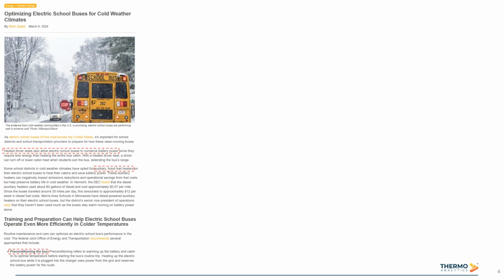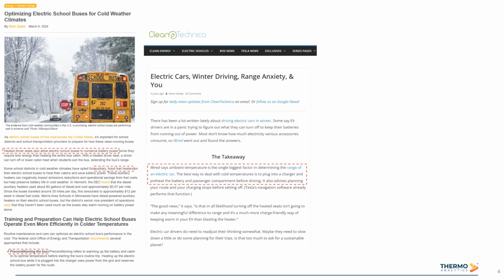I've highlighted a couple notes here that talk about the benefits of using heated driver seats to not have to heat the entire bus, but in some cases still needing auxiliary fossil fuel heaters alongside the battery, and the benefit of preconditioning the bus and not using the battery to do that conditioning after the vehicle starts driving. So again, simulation can help us here to understand those situations and perhaps predict when they're necessary and the right strategies for them.